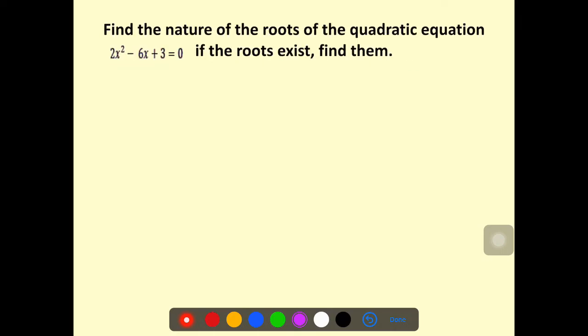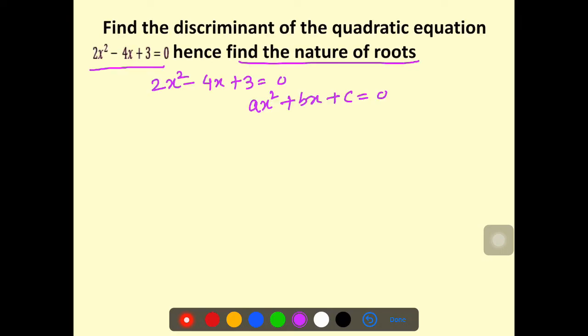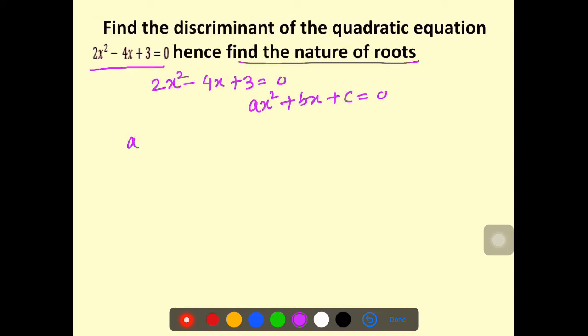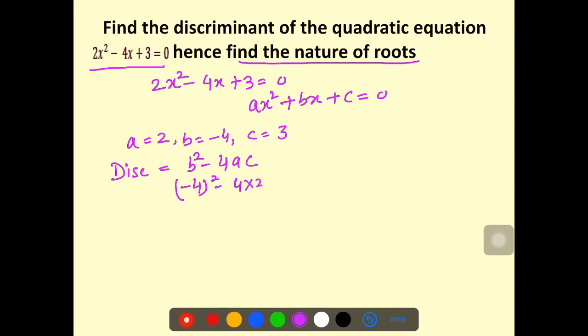We get a is equal to 2, b is equal to minus 4, c is equal to 3. Then the discriminant is equal to b square minus 4ac, that is minus 4 square minus 4 into 2 into 3, 16 minus 24, and this is equal to minus 8, less than 0.